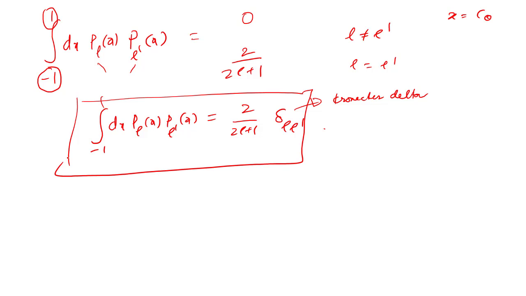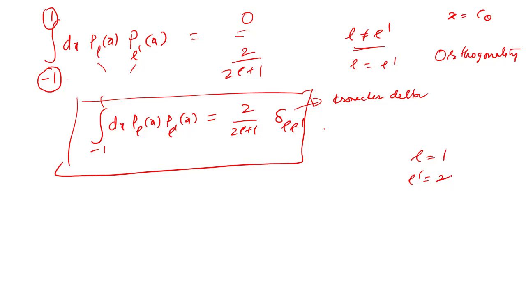So this relationship, when L is not equal to L prime, the integral being equal to 0, is called orthogonality. That means these two things are mutually independent of each other. And one quick way to see that is, for example, if I take L is equal to 1 and L prime is equal to 2, just a simple example.